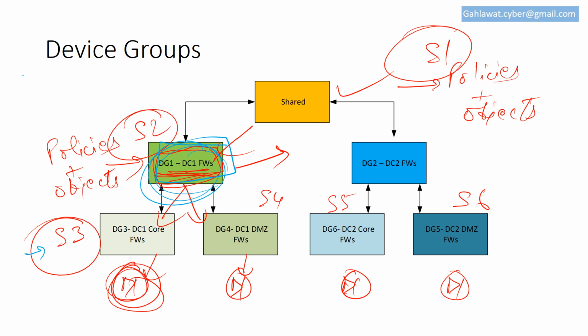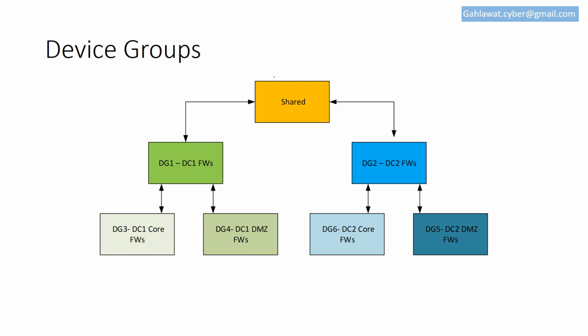So remember, the policies and objects are inherited top to bottom, not from bottom to up. So defining this hierarchy in a proper fashion is very, very important.